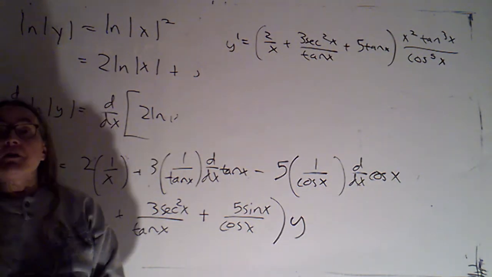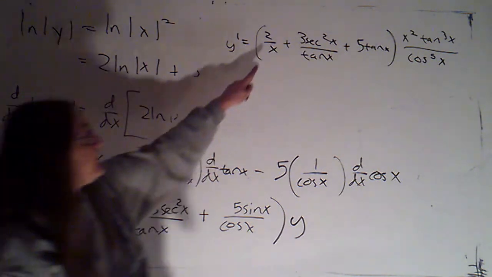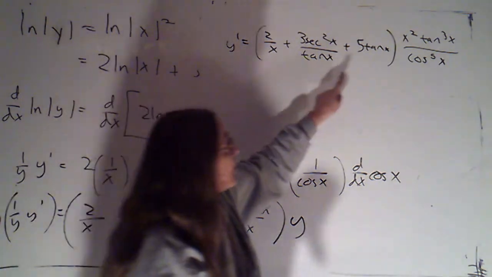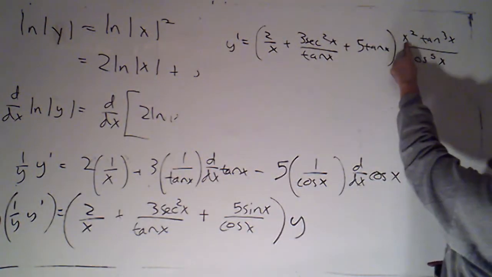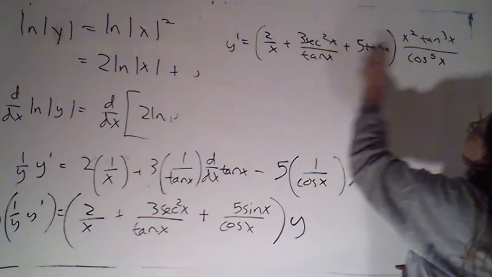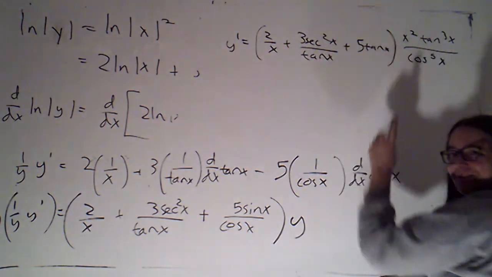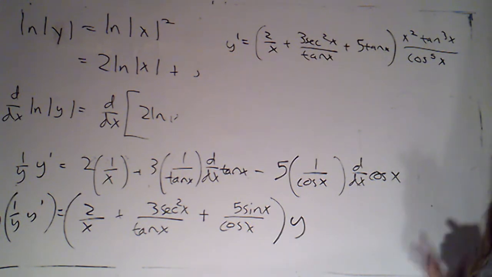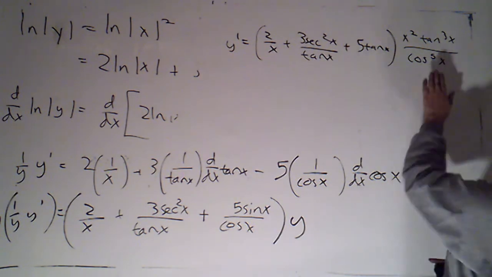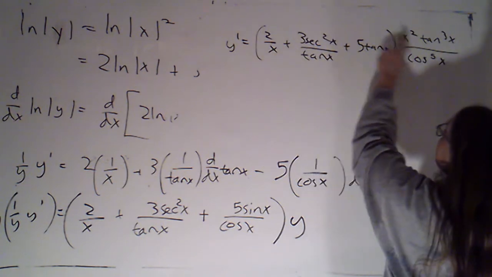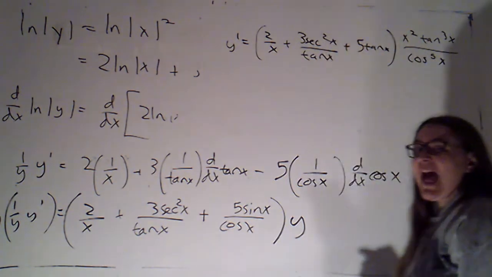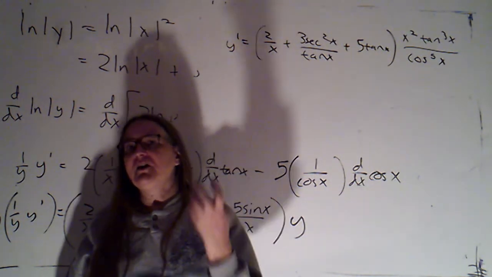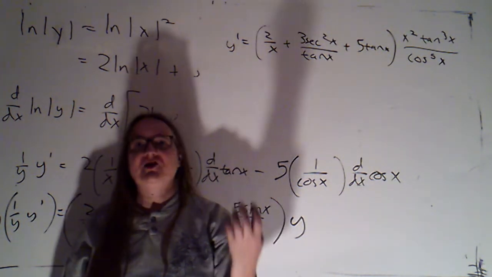Okay. Now, the original y value would have been 0 if x was 0 or if tangent was 0. Notice, though, I'm multiplying through here by an x squared, which can cancel with that x, and a tangent cubed x, which cancels with that tangent of x. So while it's not the case that 0 over 0 simplifies to 1, if I do allow myself to cancel those x's and those tangents, I'm probably going to get the formula that I would have gotten using product, quotient, and chain rule.